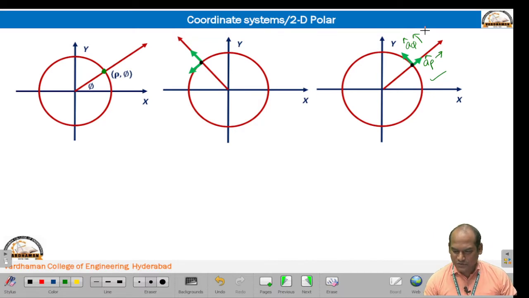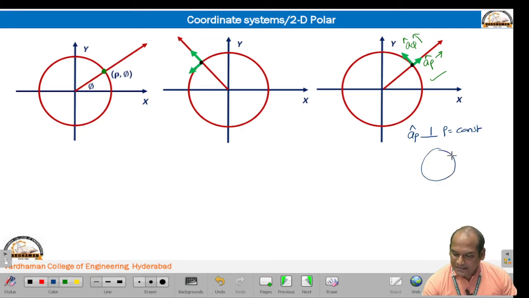How is it possible, you see. a_rho is perpendicular to rho equal to constant. So, rho equal to constant means that is a circle we have drawn. At this particular point, a_rho cap is perpendicular to it.